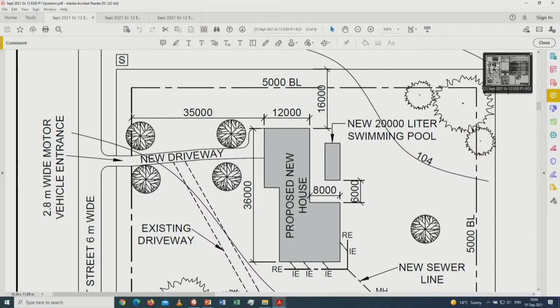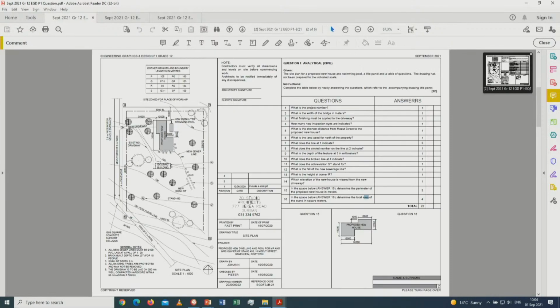He must remember that the gate itself is not part of the fence, and the gate is 2.8. So once he's done with the perimeter, he should subtract 2.8 for the gate, because it's not part of the fence. So that is what is important in terms of this question. Okay.